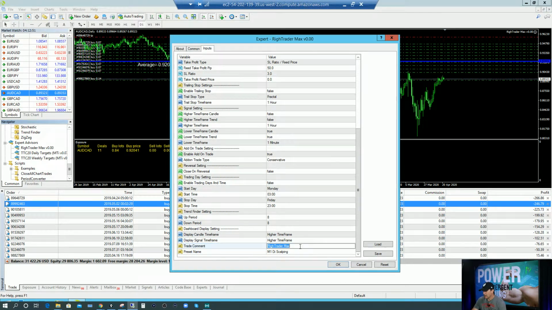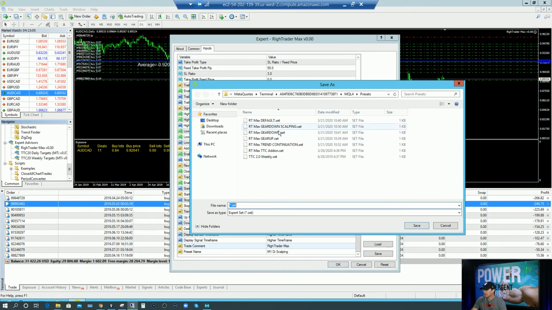All right, now I'm going to add this right here. I'm going to save this. Okay, so I want to save this. I want to take a look at my stop losses. Okay, save this. And I'm going to save this as divergent scalping.